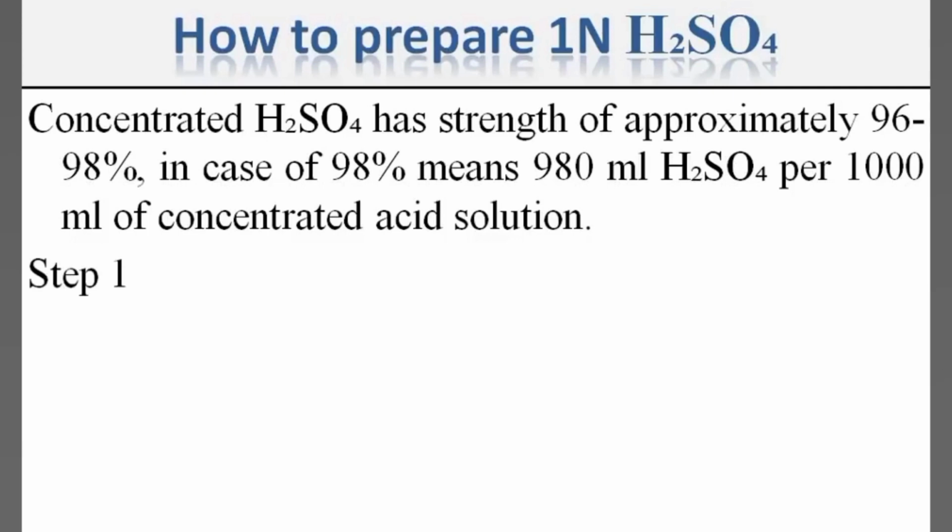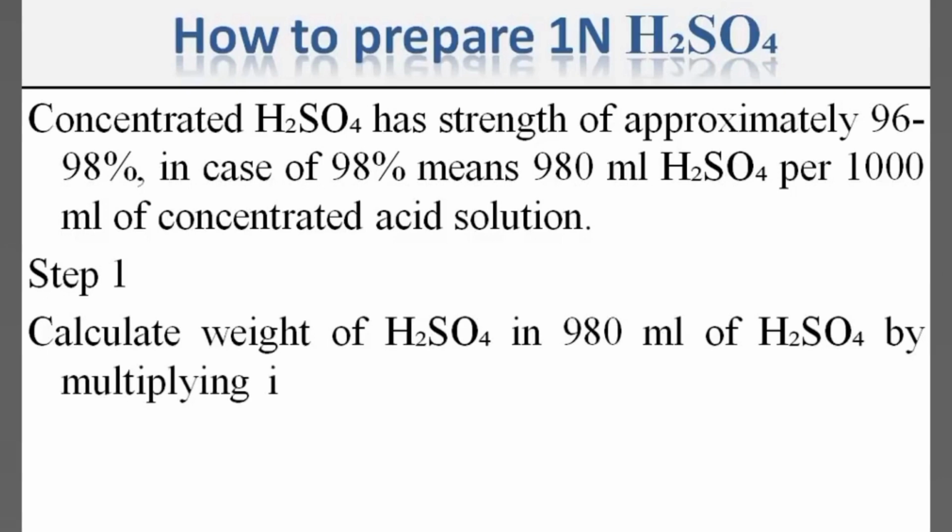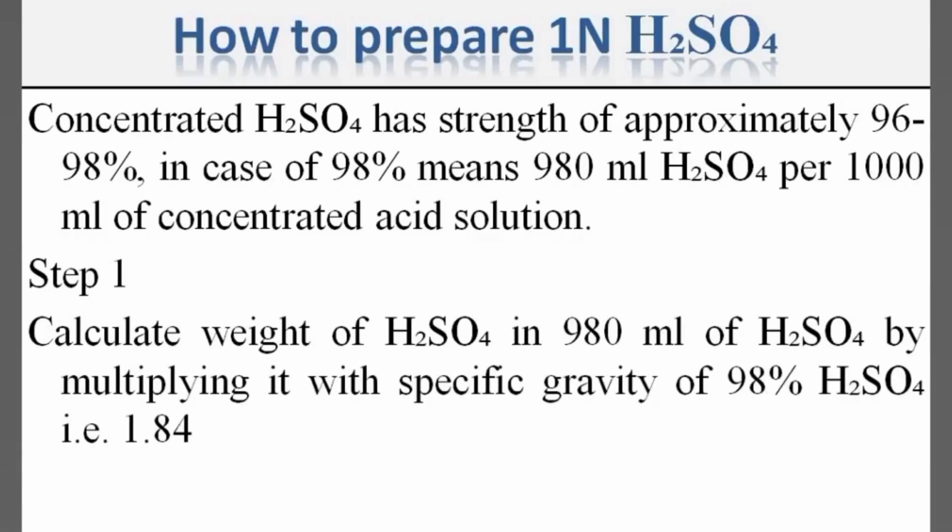Let's follow the following steps to calculate the volume of concentrated acid required to prepare 1 normal H2SO4. Step 1. First of all, calculate the weight of H2SO4 in 980 ml by multiplying it with specific gravity.